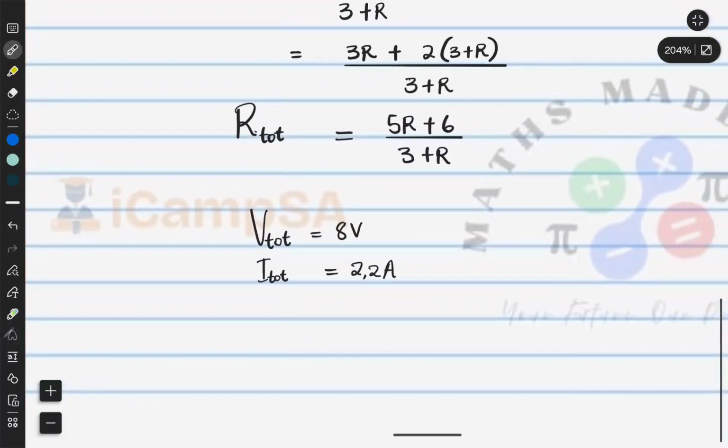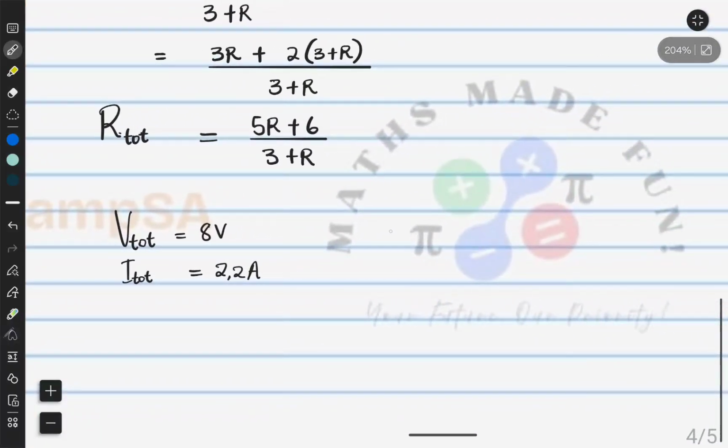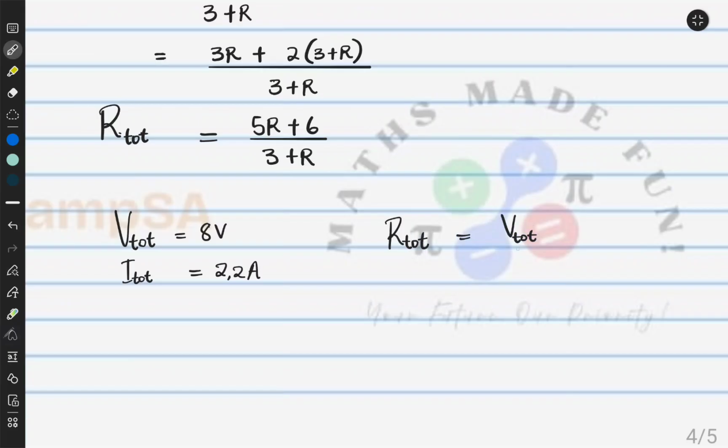It means that I can say R tot using Ohm's law is equal to V total over I total. Right, if you check from here, I would be able to solve for my R, because on the right hand side this would give me a value, and then I would be able to solve for R. Let me show you how it looks.